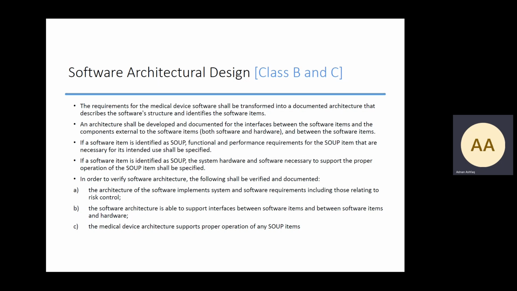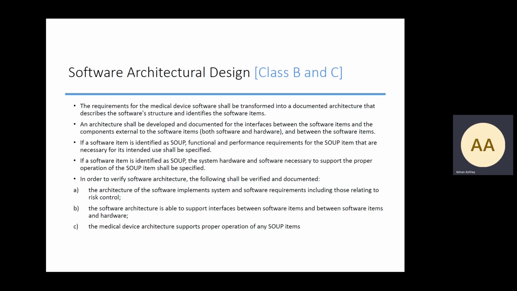Okay, so software architectural design. This is probably one of the elements that I would say is very difficult to avoid regardless of classification, although it's identified in IEC 62304 as Class B and C only.